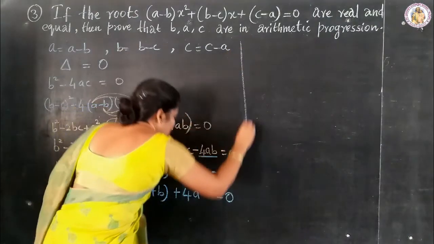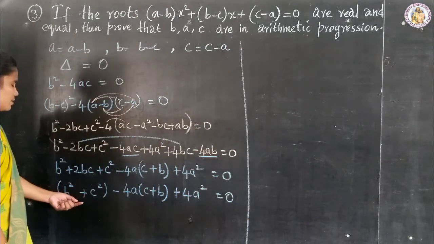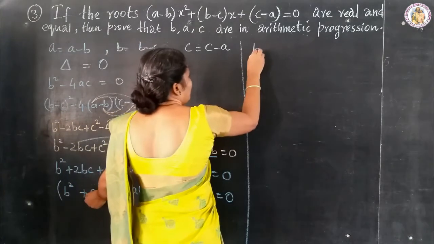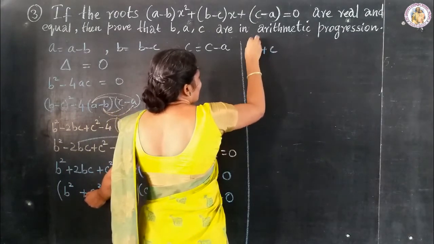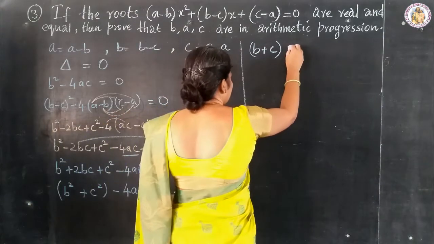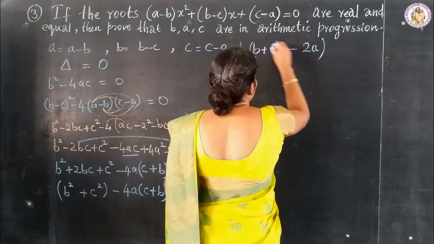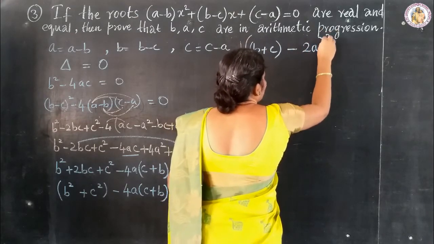And in the next step you can write this as b plus c minus 2a whole square.